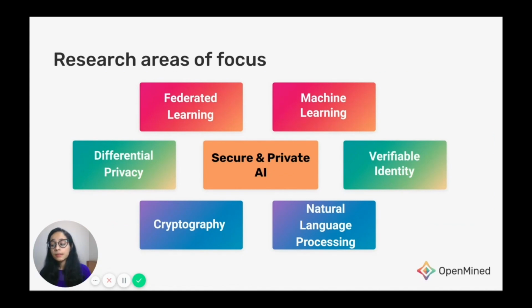Corresponding to the problems that we want to solve, our first step is to focus on creating a secure and private way of using artificial intelligence on people's data to make a difference.